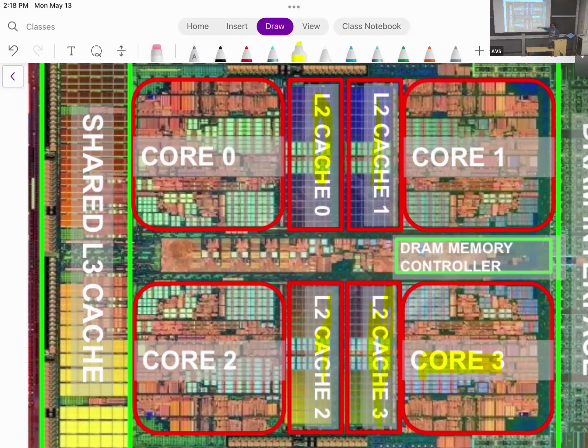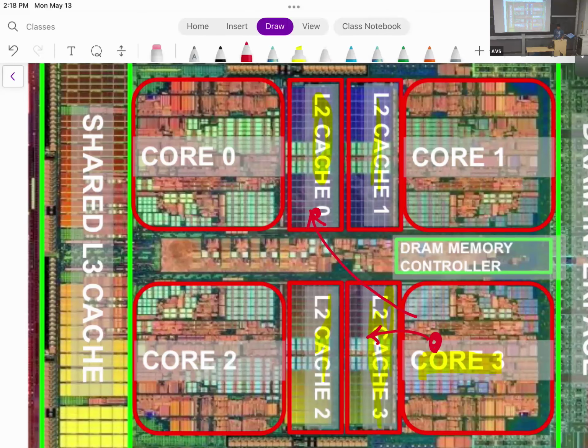But since L2 is unified, all the cores have access to the entire L2. So it's very possible that the data that core number 3 wants might end up being somewhere else, for example, here. That's why access to L2 may not have a uniform access latency. It's slightly different depending on where it is.